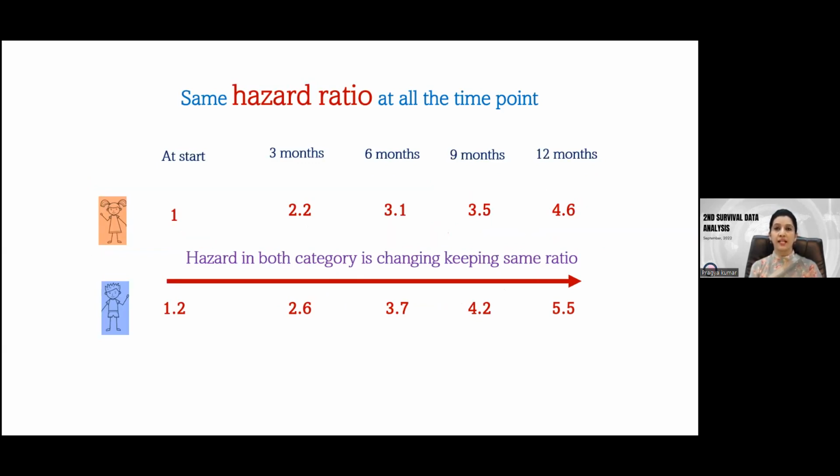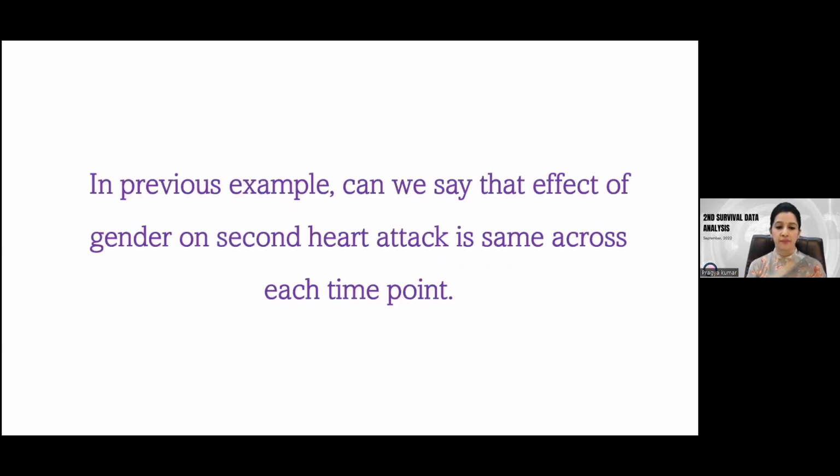So can I say that it has the same hazard ratio at each point of time? Although the hazard in both the categories is changing individually, somehow the ratio is the same. So we can say in the example that the effect of gender on second heart attack is the same across each time point.